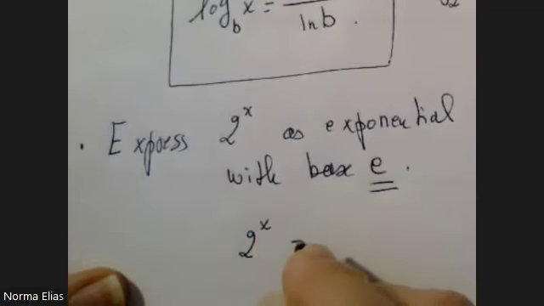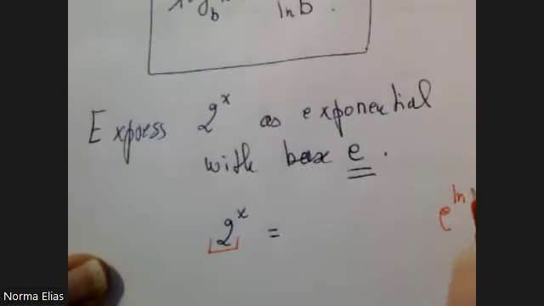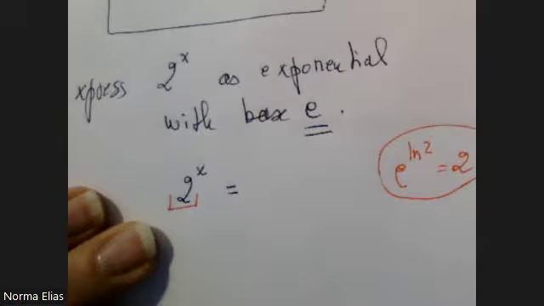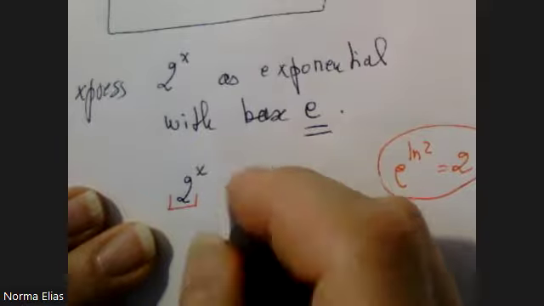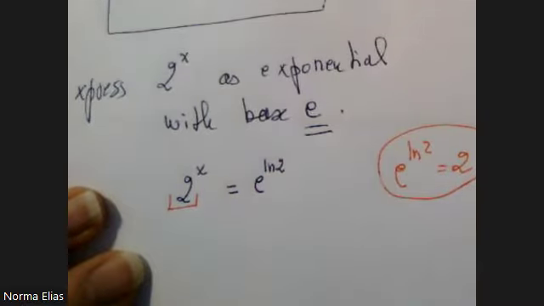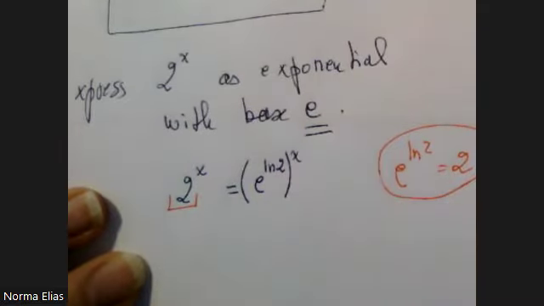2 to the x can be written as follows. This is my 2 here. Now, e to the ln of 2 is equal to 2. So the way we can move bases is like this. Instead of 2, I substitute e to the ln of 2 because these are the same thing, and I raise it to the power x. So I totally substitute.